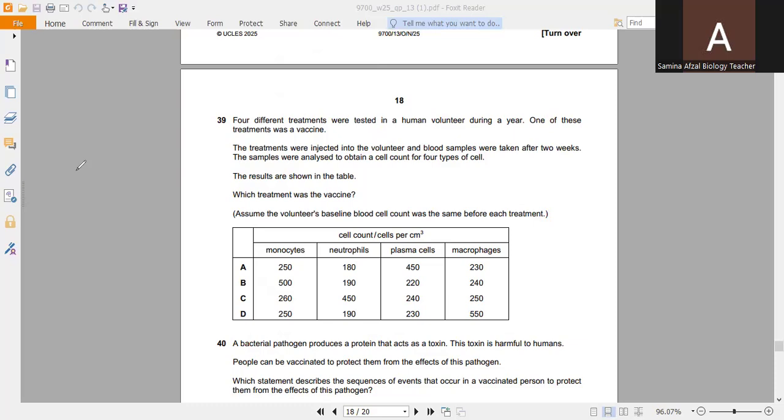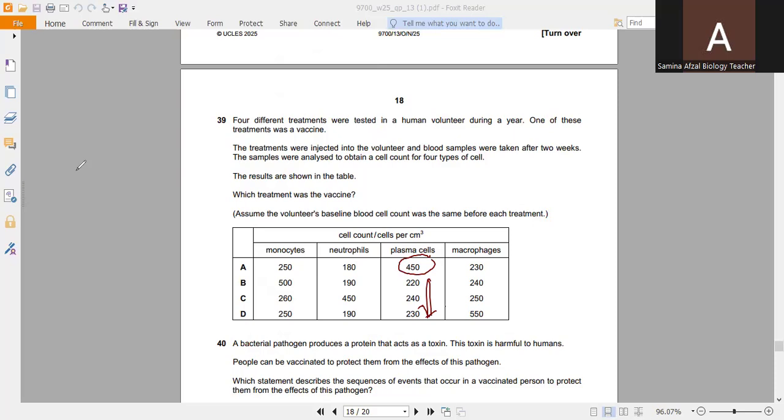So this is the highest amount of plasma cells compared to the other treatments, which are 220, 240, and 230.